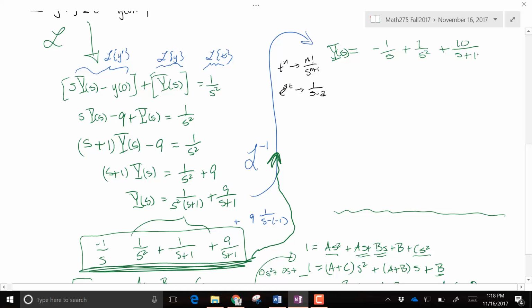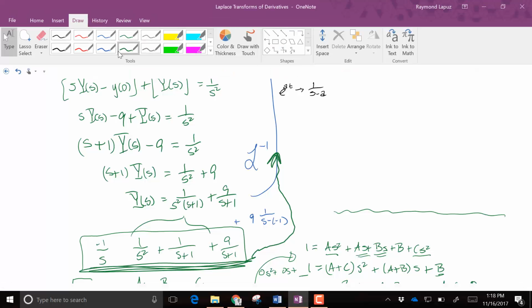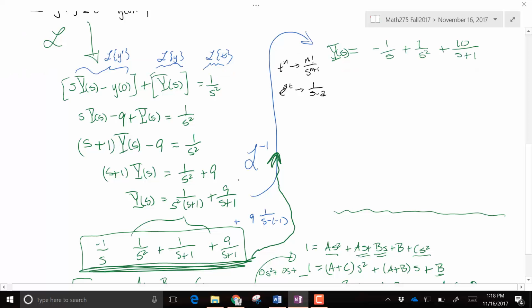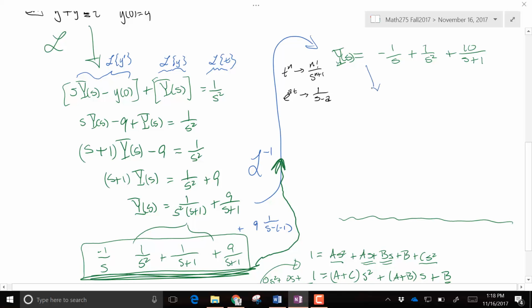So now let's see if we can bring it back to the real world. Doing the inverse Laplace of capital Y is going to be little y of t, which is our solution. And now we have to remember what 1 over s was. You remember what 1 over s was? Was it just constant, right?